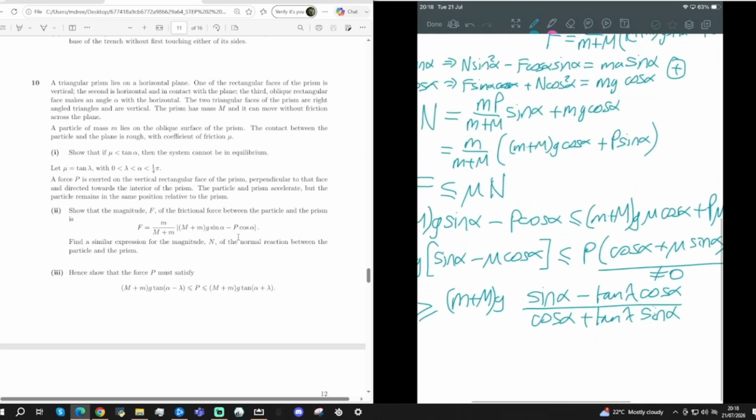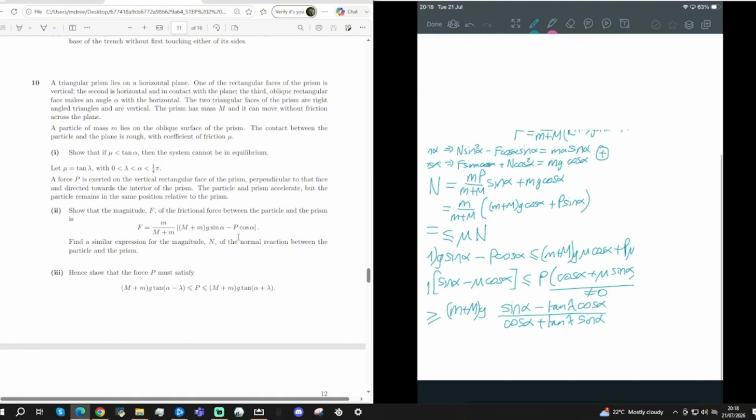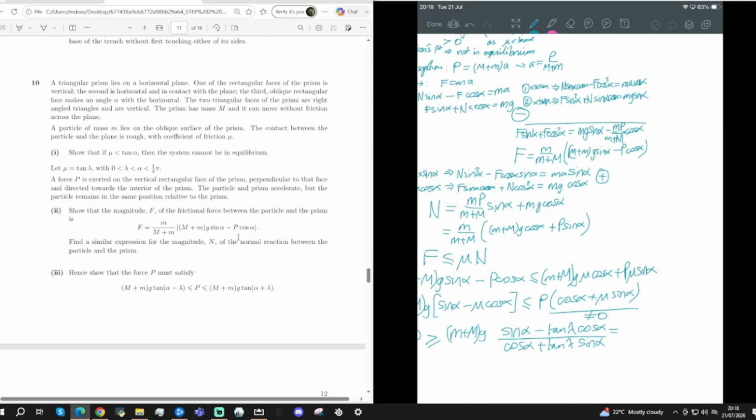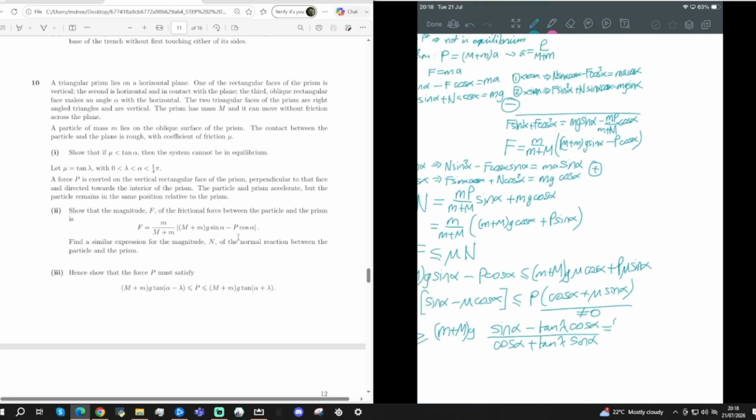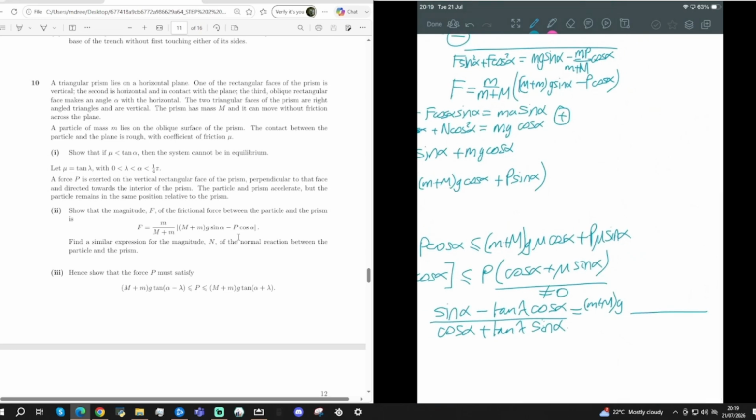Ooh, now that's an ugly looking expression. But we know what we're aiming for. We're aiming for a tan of alpha minus lambda. Well then, let's make this look like tans. And if you are confident with your addition formula, you'll already be able to see that this looks very much like an addition formula. So I'm going to divide top and bottom by cos alpha.